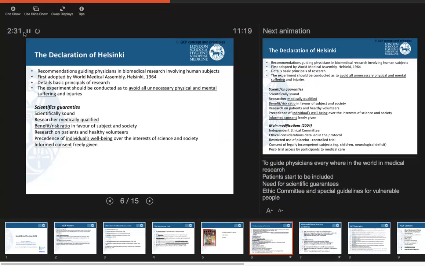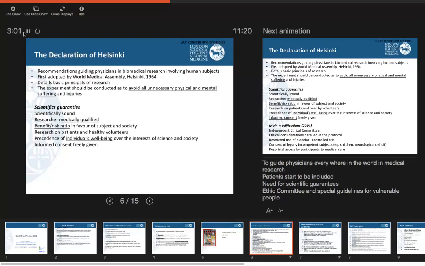The researcher, now in this particular case for a drug trial, they say the researcher must be medically qualified. Now that's not applied to us, but in the same line of thinking, in a laboratory-based evaluation or a clinic-based evaluation, the principal investigator must be qualified to do this.